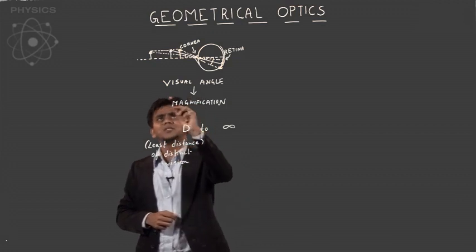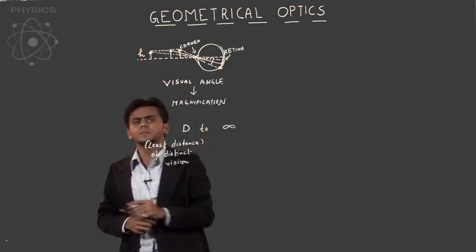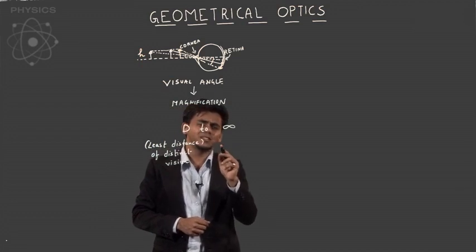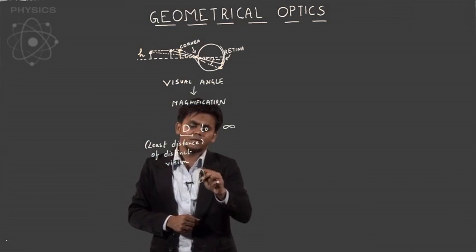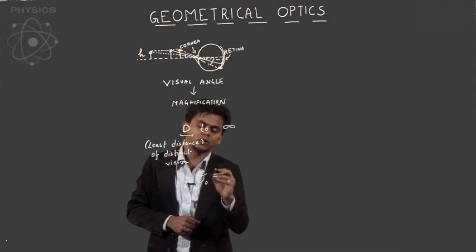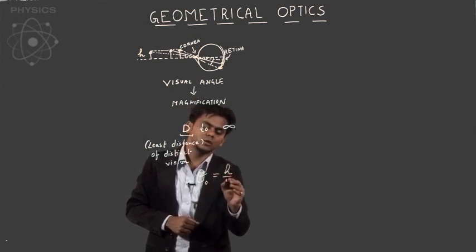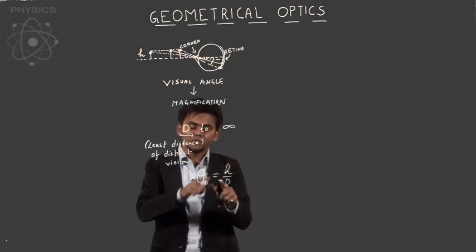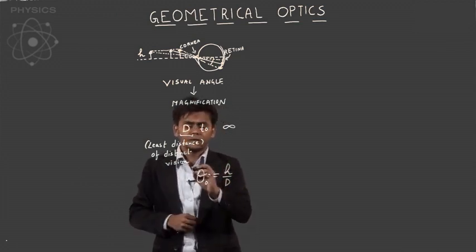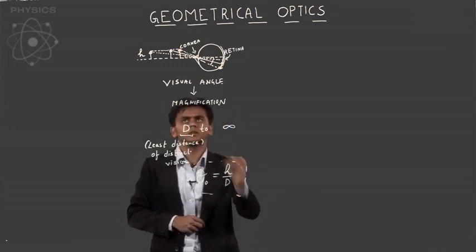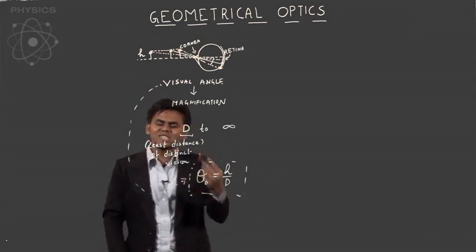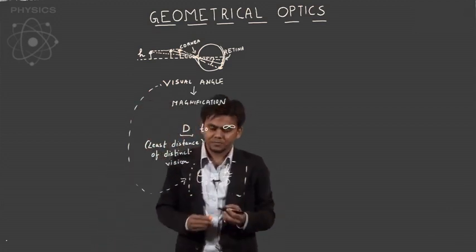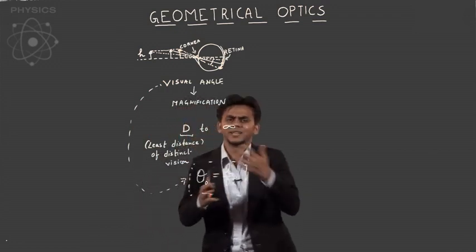So whatever the object's height is, let it be h, I cannot bring the object closer than D, which means I can only have a visual angle theta naught equal to h upon D. This is the restriction of the eye. This essentially is the visual angle which you would see for the maximum size of the object, or rather the image, and you cannot make the size greater than this.